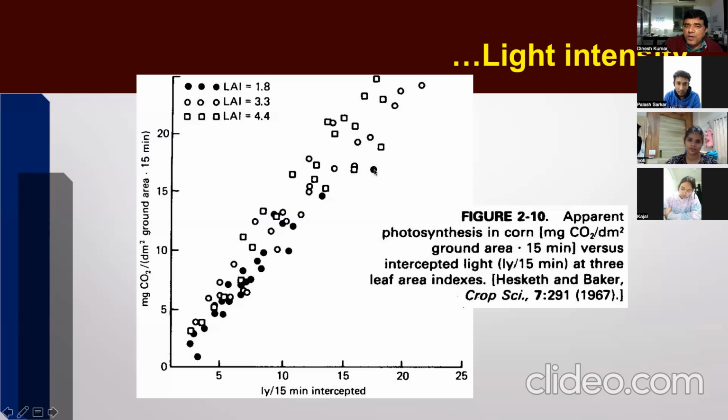The rates are on the lower side if you have less, and in the middle if you have medium. And if the leaf area index is 4.4, you can see it is increasing up to the highest level, up to the level 20. So the message here is that if you have higher light intensity, the major advantage can be taken when your leaf area index is also high.